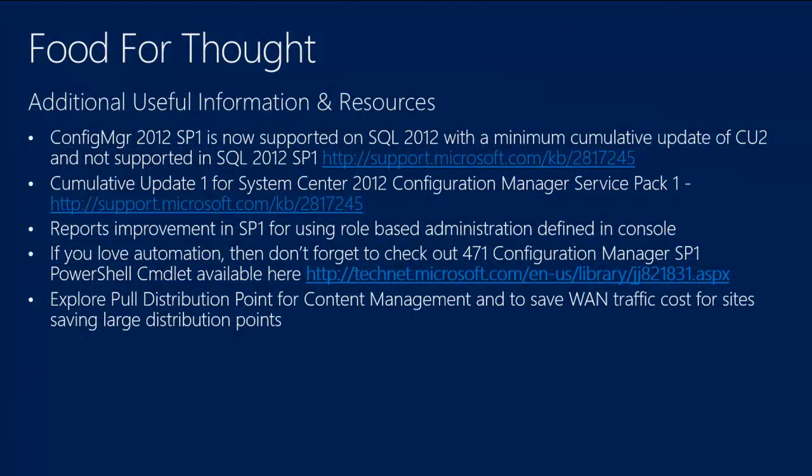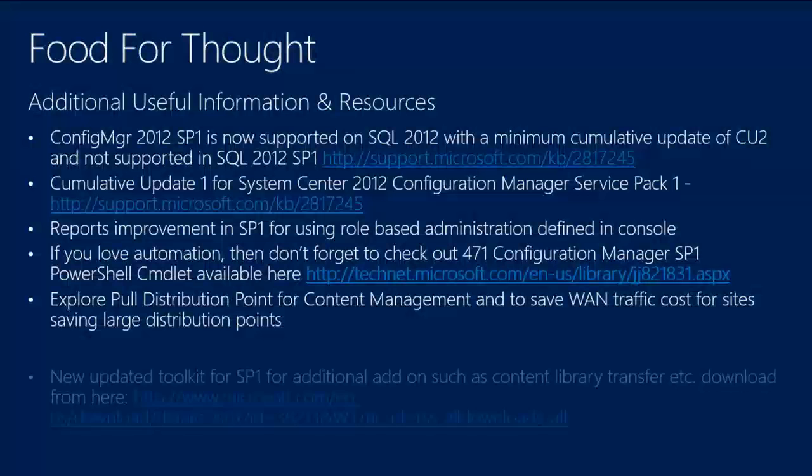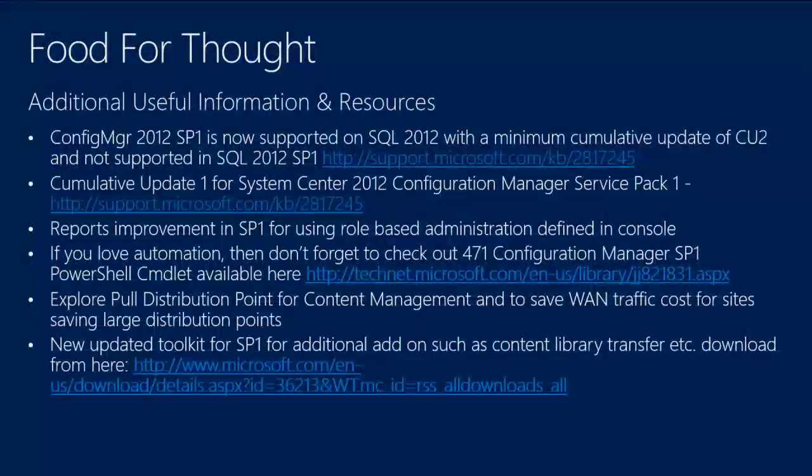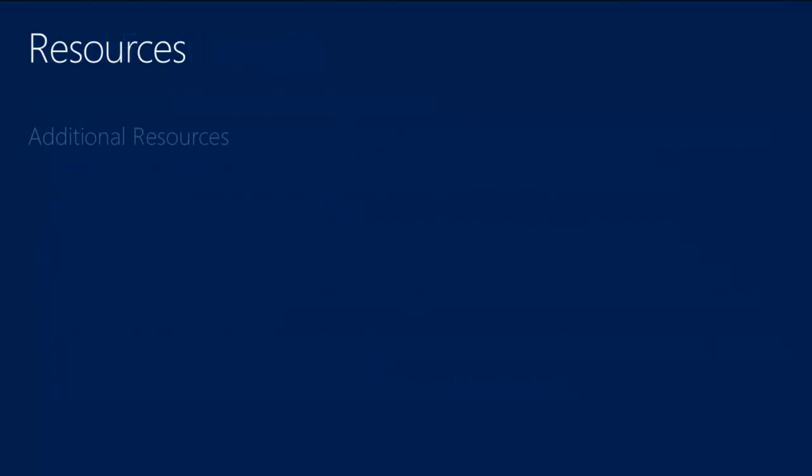So if all you're using the secondary site for is content compression, then using a pull DP could help you eliminate some of those secondary sites. There's also a new updated toolkit in SP1, which has great add-ons for content library transfer and can be downloaded from this link here.